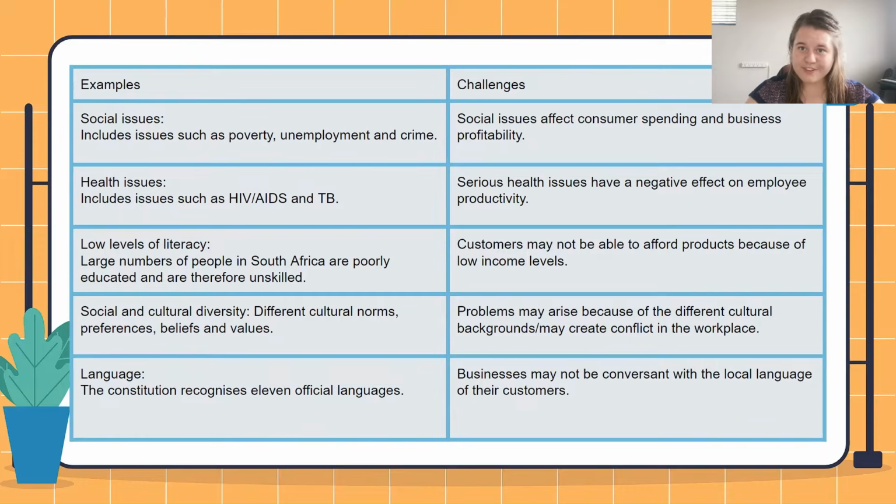So, with that one, if you're in a community that, for example, speaks predominantly Afrikaans or predominantly Zulu, and you're an English business, you could be affected in that way. Although the world has gone very English when we're talking about the business world, but there are still some communities that speak their languages and they're very strong and proficient in those languages and may not be able to speak English.